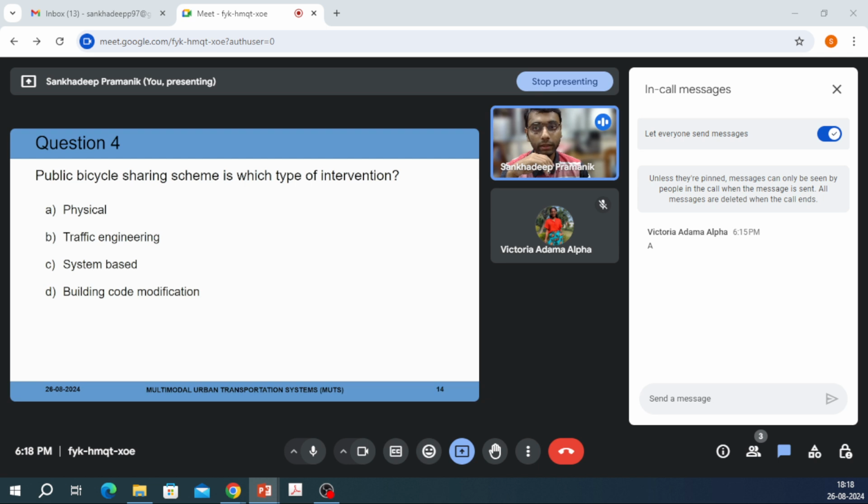Question 4: public bicycle sharing scheme is which type of intervention? Physical, traffic engineering, system based, or building code modification?